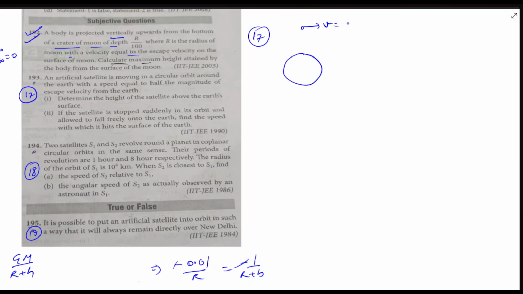The velocity here is vs by 2, right, we have to find the height, and it is moving in a circular orbit like this, so let's say this is h.